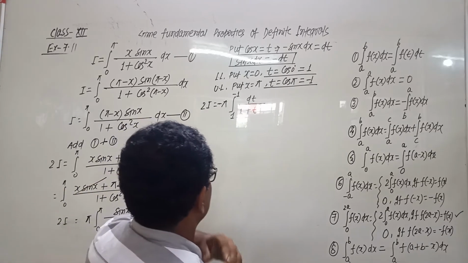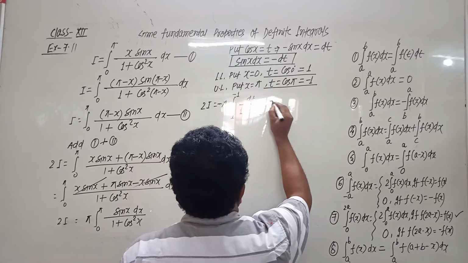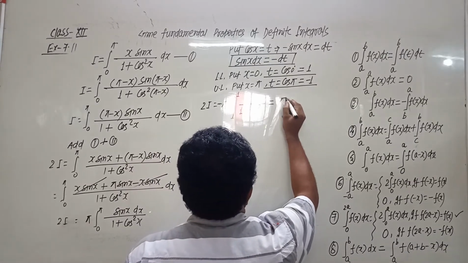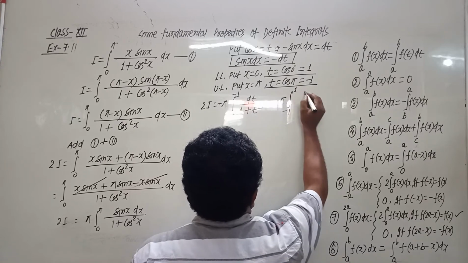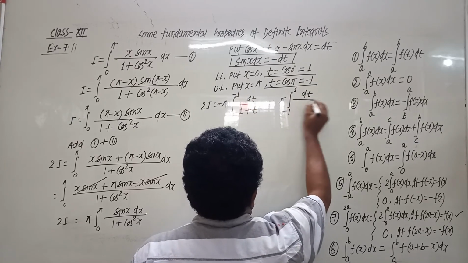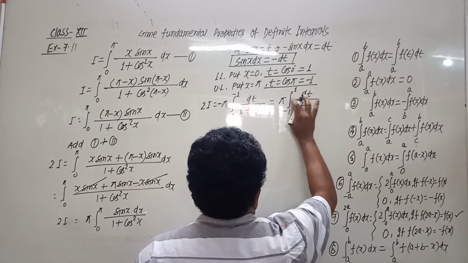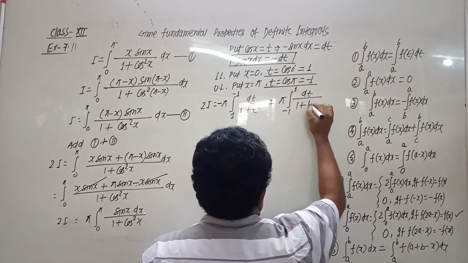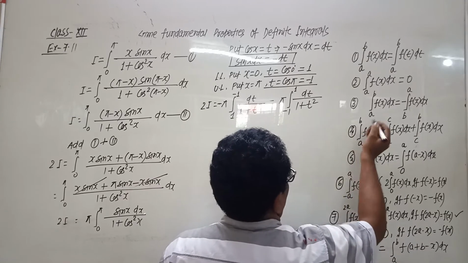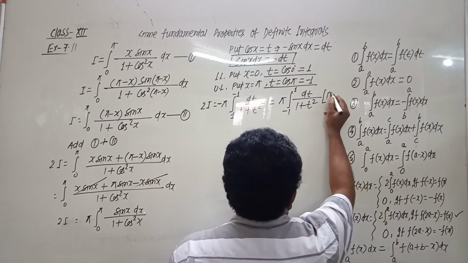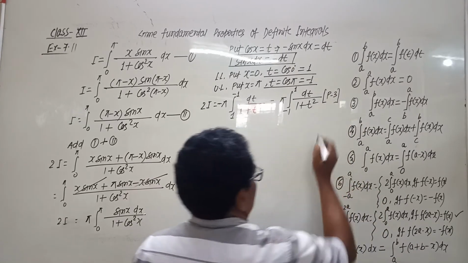So here the sign is negative, so it becomes positive. So pi integration minus 1 to 1 dt upon 1 plus t square. We have used property number 3.